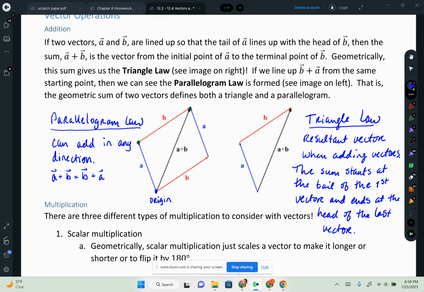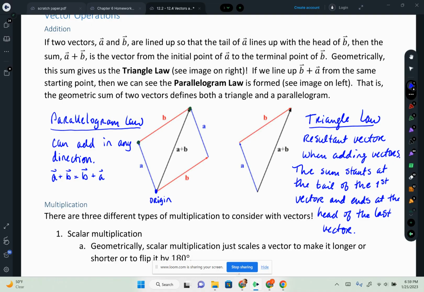So geometrically, you could line them up all head to tail, head to tail, head to tail. And when you get to the final head, connect the tail of A, your first vector, to the head of the last vector. And that position vector right there will be the total sum, or in other words, your resultant vector.